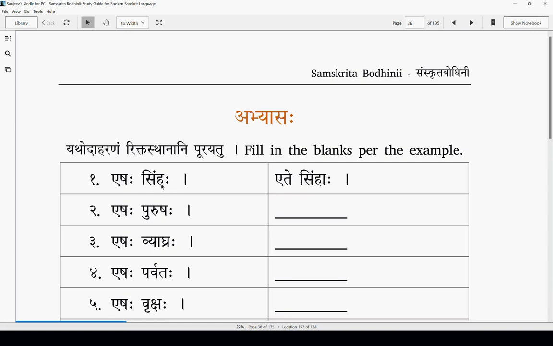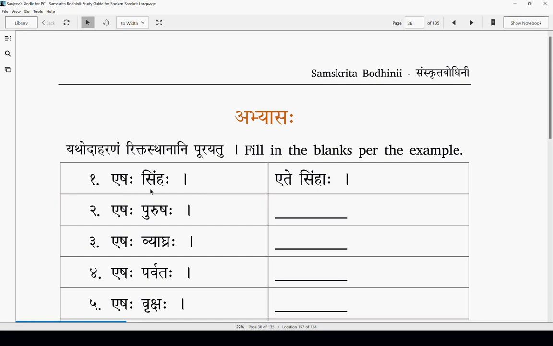Before Visarga, there is a. So we say that the base word, which is called Pratipadikam, is ending in a here. Without the Visarga, the base noun is just Simha, Purusha.